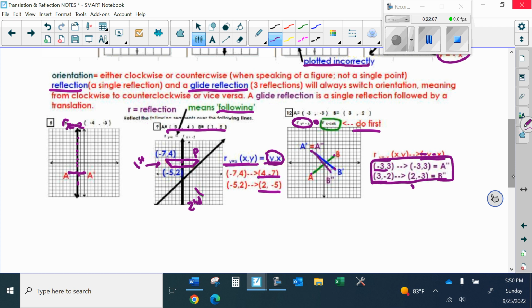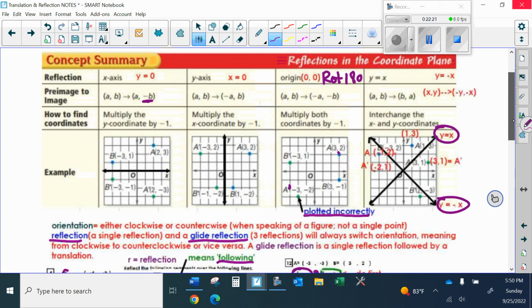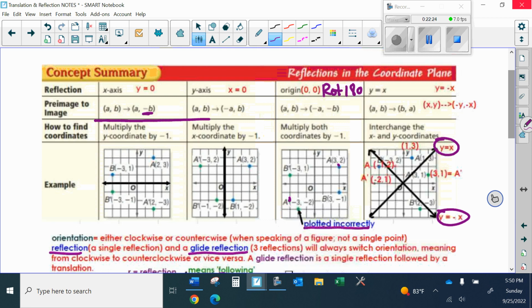It's hard to always count correctly on the graph, so anytime there's a rule, write down the rule. Obviously if it's reflecting over the line x equals negative 2, I literally have to plot them. There's no rule for over x equals 2. But if it's one of these rules up here, write down the rule, do the points first, and then plot them afterwards so you don't blow it.